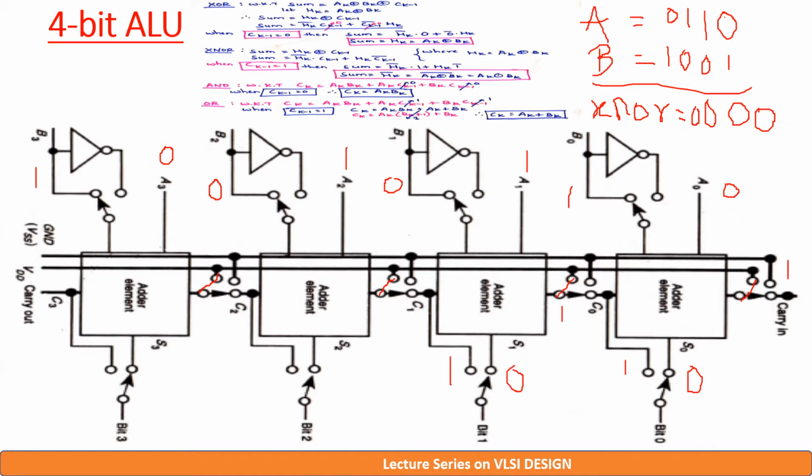Third block, carry is connected to VDD, A is 1, B is 0, therefore sum is 0 and carry is 1. Similarly last, A is 0, B is 1, carry input is connected to VDD, therefore sum is 0, carry is 1. For XNOR, carry input will be set to 1 and the sum output is nothing but XNOR of A and B. So you can observe both are same.